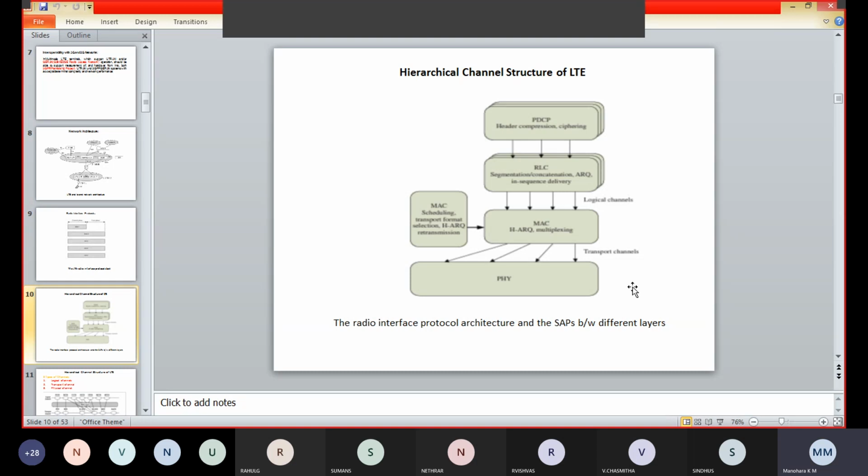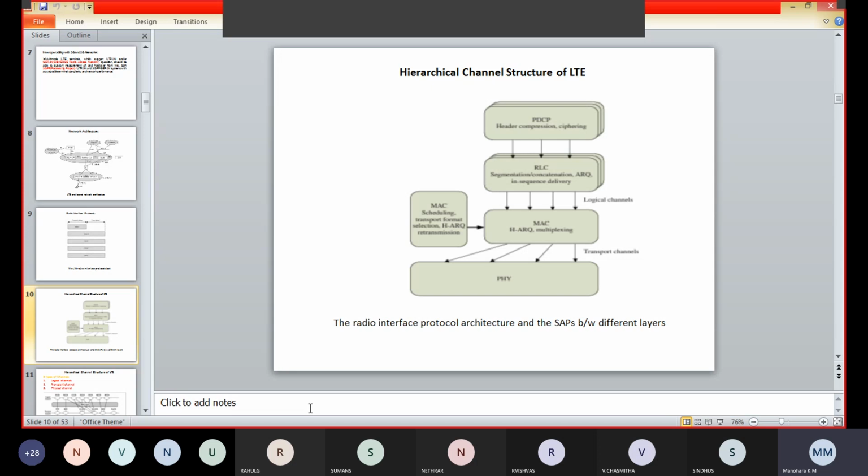Next we have the multicast traffic channel, that is MTCH. It is a unidirectional point to multipoint data channel which transmits the traffic data from the network to the user equipments. It is associated with multicast or broadcast services. So this is about the logical channels.